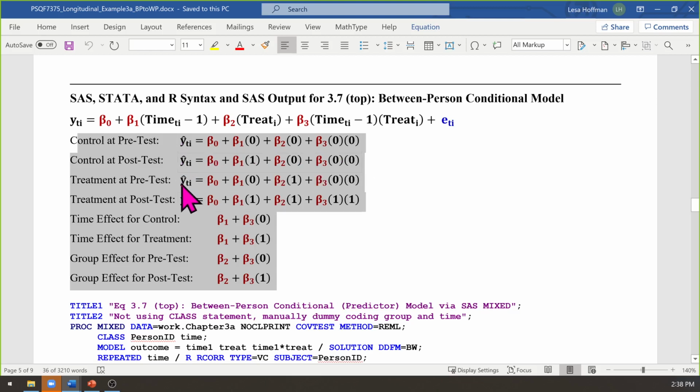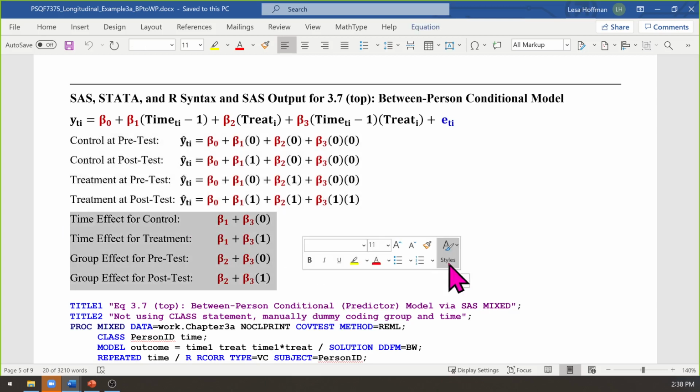So how the model says I would get each of these 4 combinations, as well as the simple effects. How the model says I would get what the effect of time is for each group, as well as what the effect of group is for each occasion, because only some of these are given by the model.